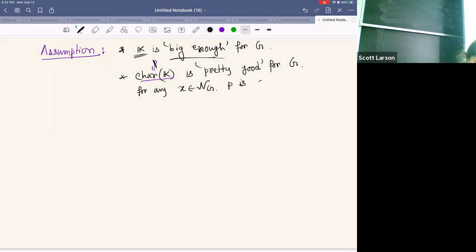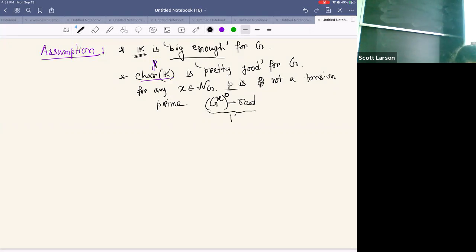P is not a torsion prime of this group. So if I take the centralizer of X in G, take the identity component of that, and then take the reductive quotient, I don't want P to be a torsion prime of this.